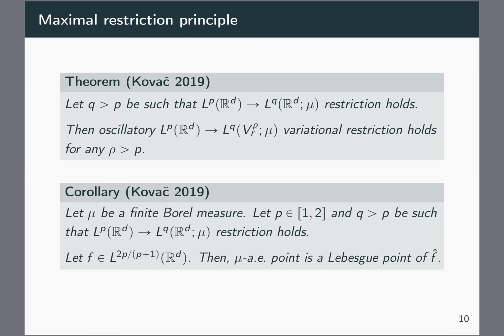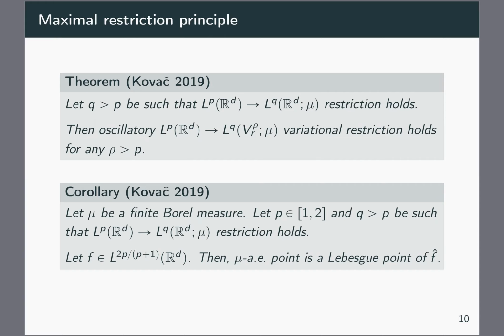Here the arrow is restated as a theorem. Just to repeat, it says that when q is larger than p and L^p to L^q(mu) restriction holds, then oscillatory L^p to L^q variation norm with exponent rho of mu variational restriction holds for any rho larger than p.